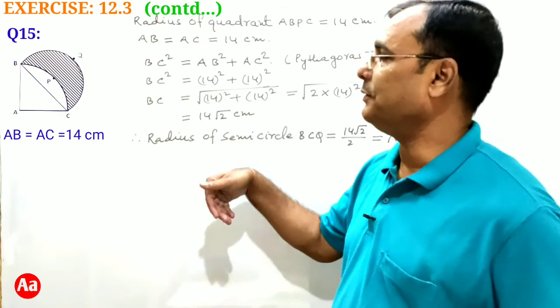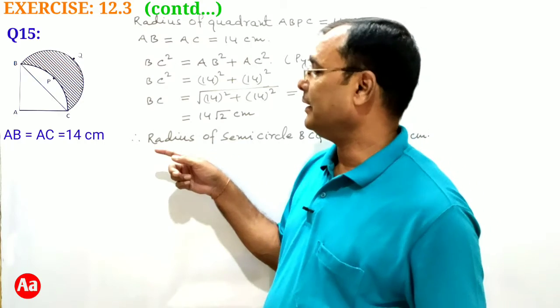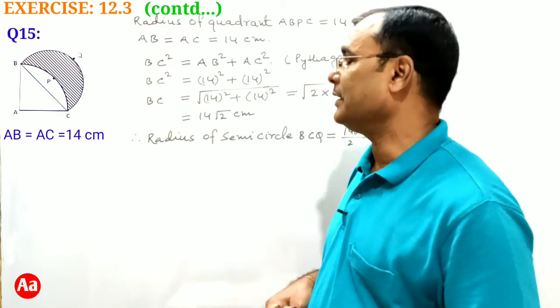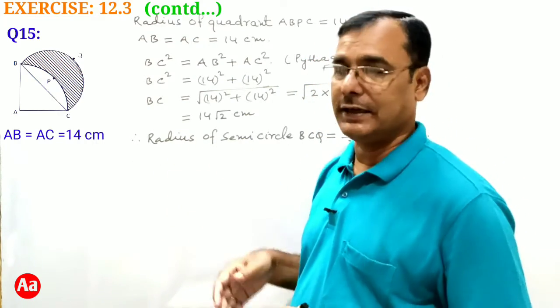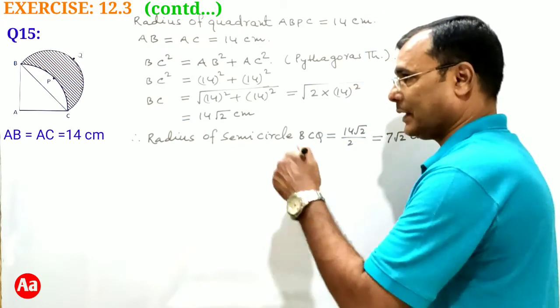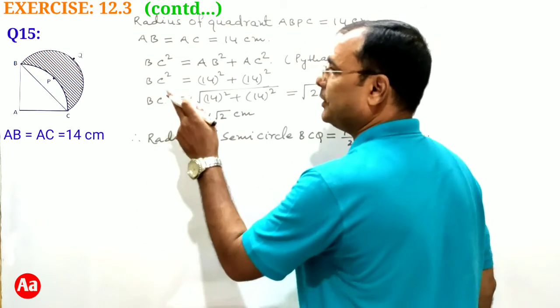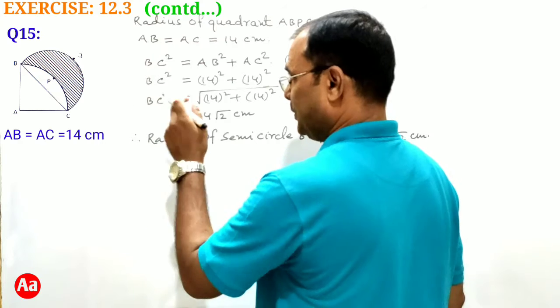So this way we are going to find the area of the shaded region. So let us calculate the area of semicircle BCQ.